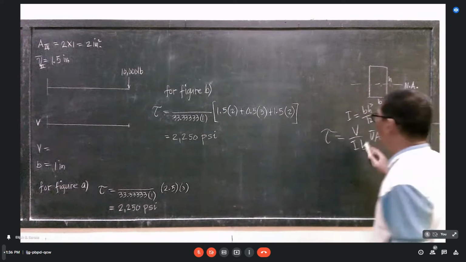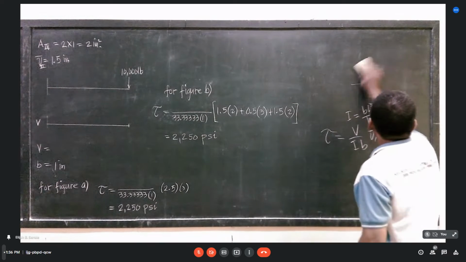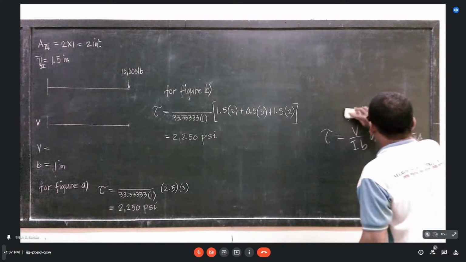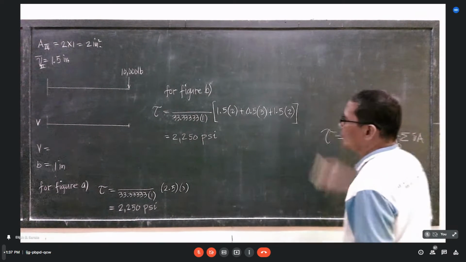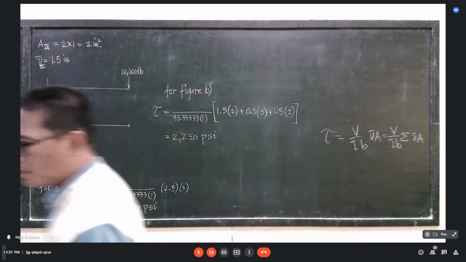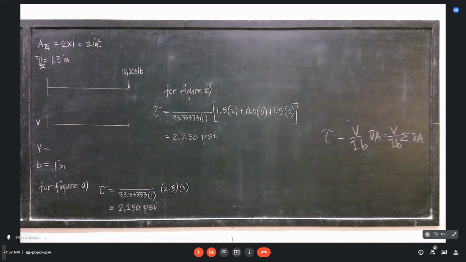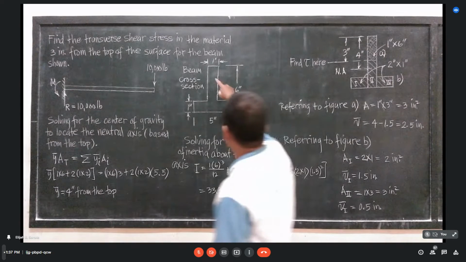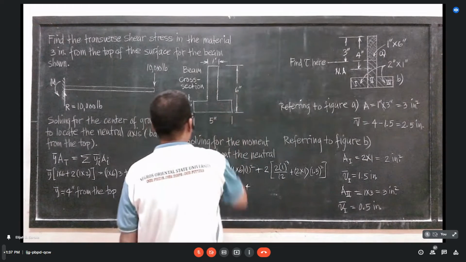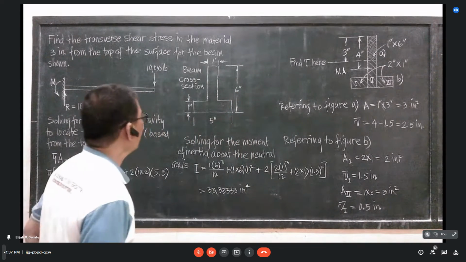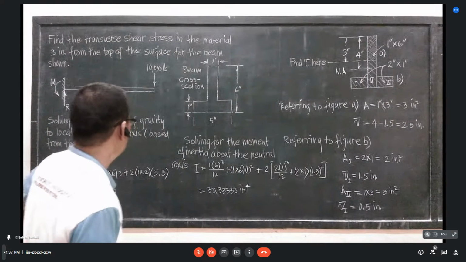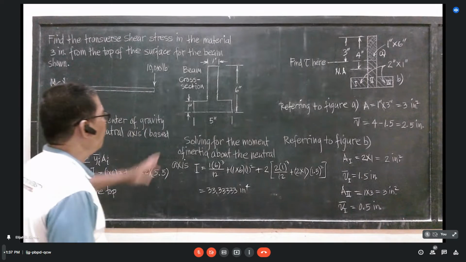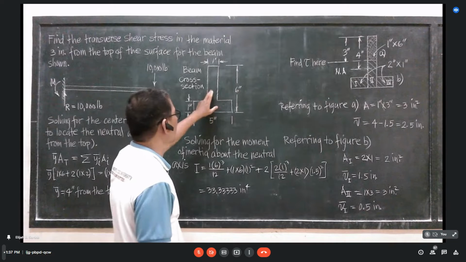Now, what happens if we have a composite figure, meaning not a regular rectangle, but we can subdivide this into smaller rectangles. Okay? So, before we do that, we have to determine the center of gravity.